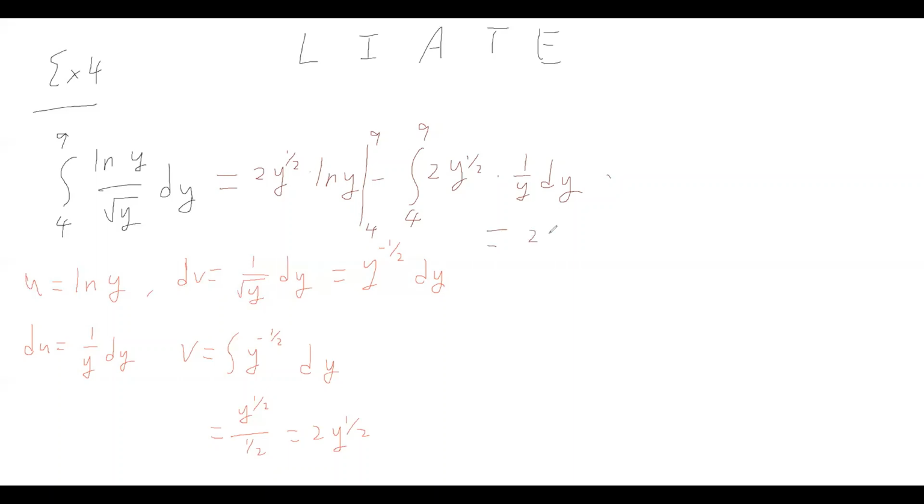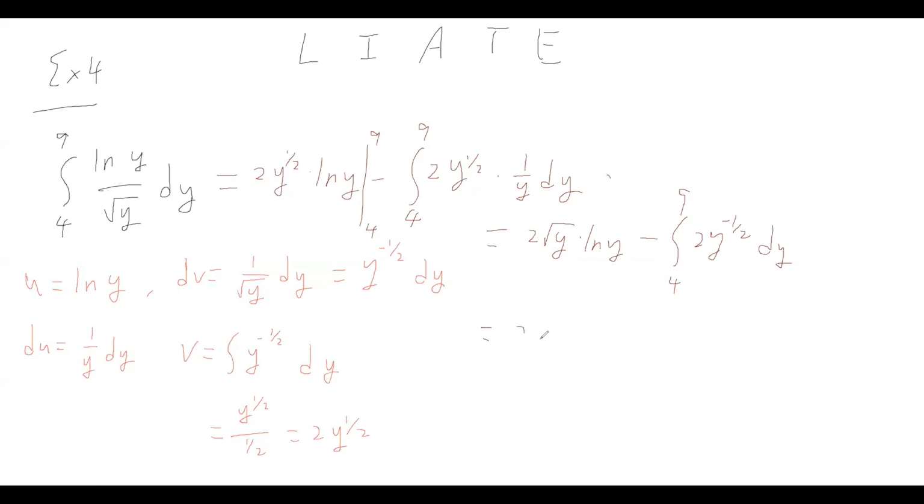All right, so 2 radical y times ln y minus, this is going to be the integral of 2 over y to the 1/2, right? Or you know what? Let me write it as y to the negative 1/2. Right? Now we know what integral of y to the negative 1/2 is down here, right?